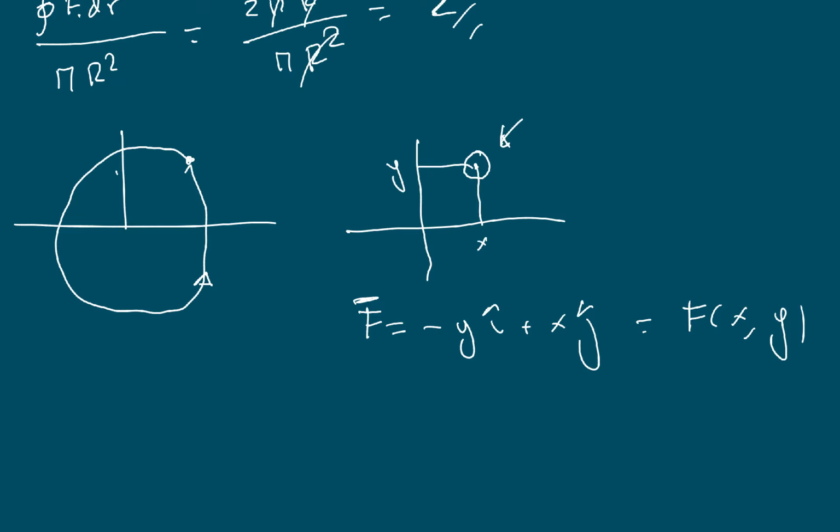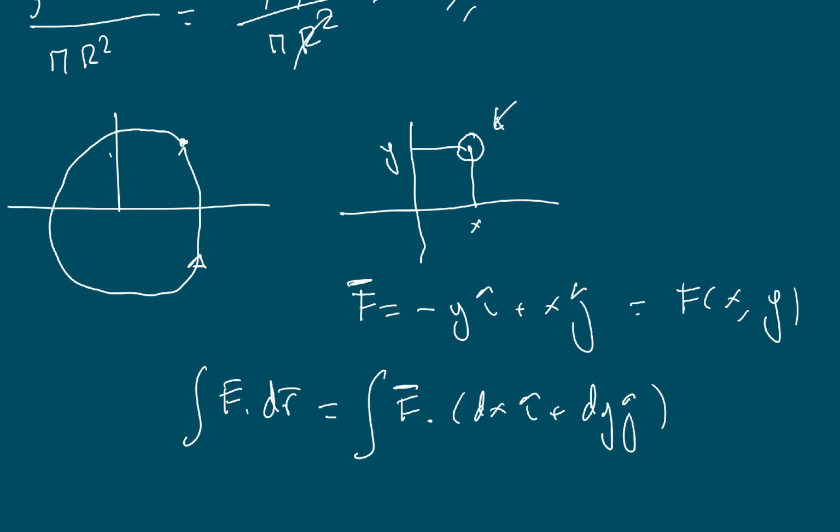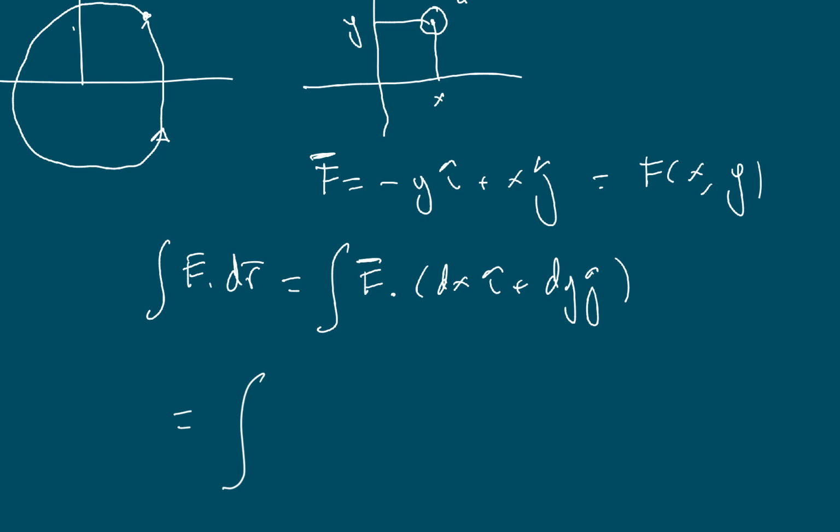Now I want to do the integral of F dot dr. But dr is dx i plus dy j. So the same expression will happen. It is the integral of F, that is minus y i plus x j, dot dr.